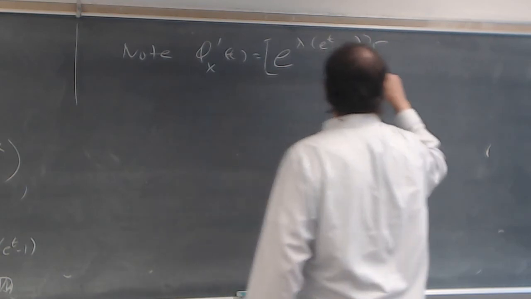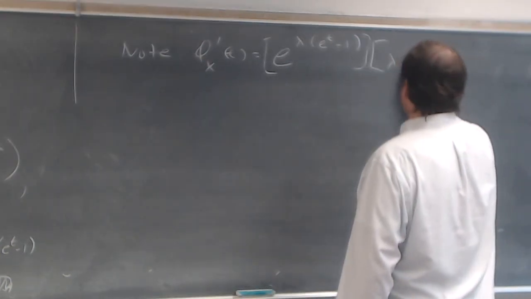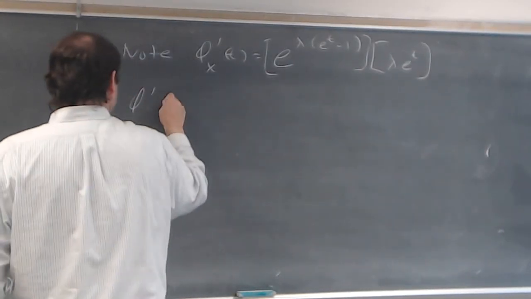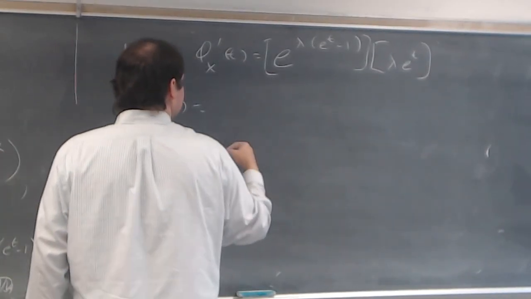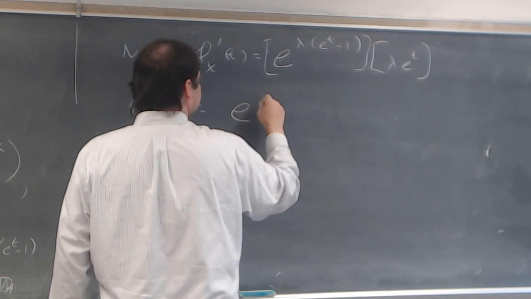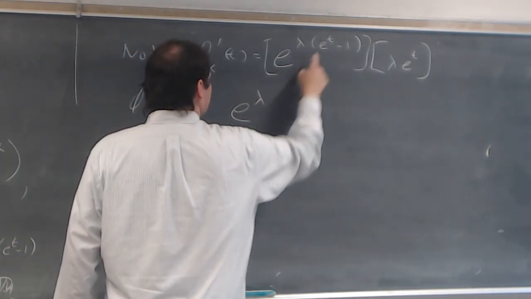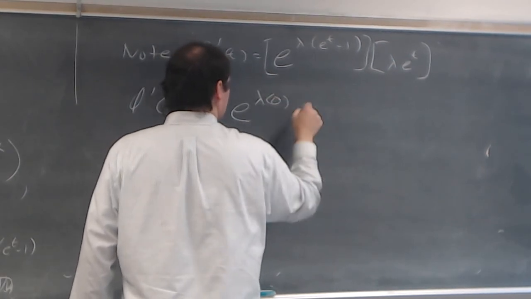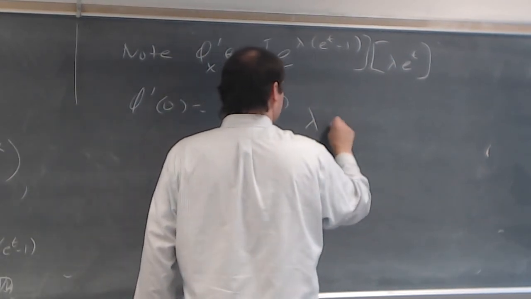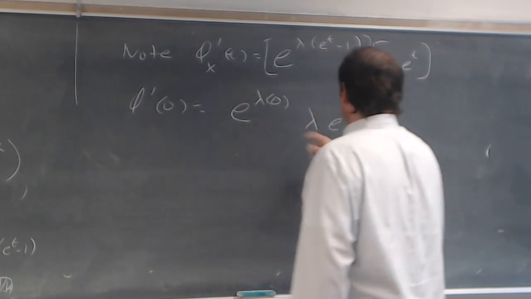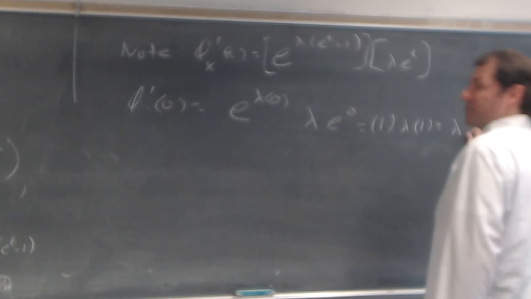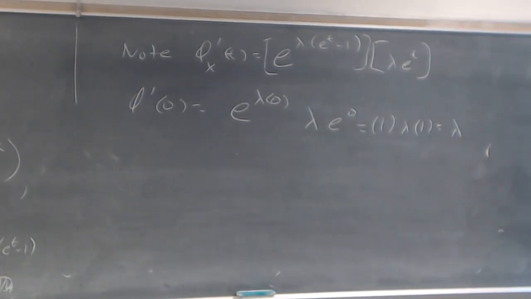So the derivative of the power here is going to be lambda e to the t. If we evaluate that at 0 for t, e to the lambda times the quantity e to the 0 minus 1 is e to the 0, which is 1, and this is lambda e to the 0, which equals lambda, which is what we said we would get for the expected value of x.